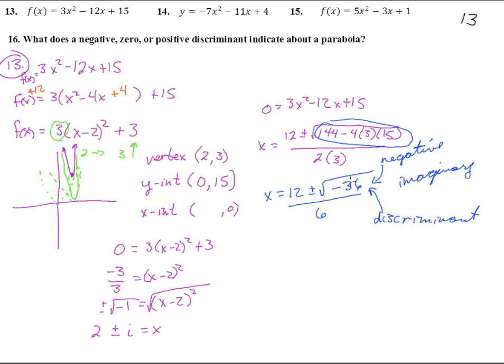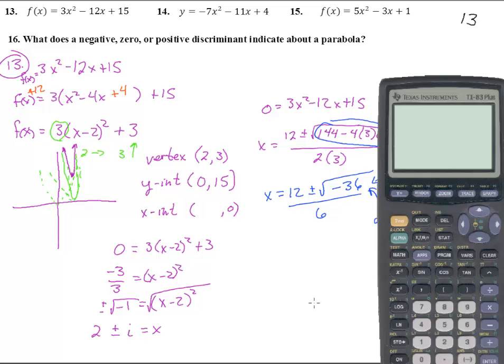You can tell just by punching in b squared minus 4ac that we would have had imaginary zeros. Let's check the calculator. So here we have 3x squared minus 12x plus 15, and put that on the graph. Now here's the zoomed out one. We can zoom normal and see what that looks like. And there we have it.